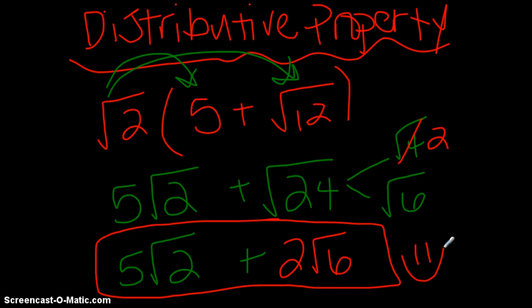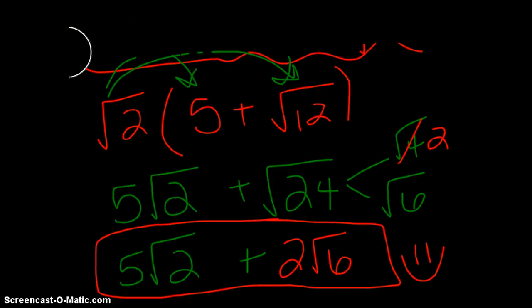Okay, one last one, and then we will be done. And then the rest of class, you can work quietly and respectfully in your assigned seats. So let's do root 3 times the quantity of root 3 minus root 5. So what's root 3 times root 3?